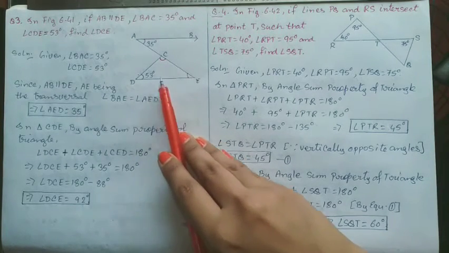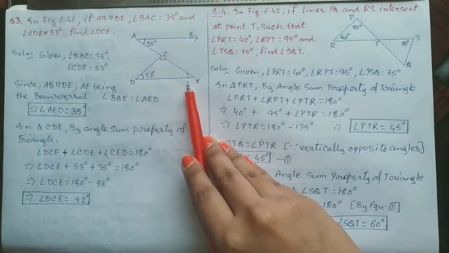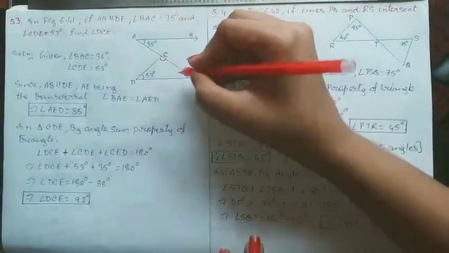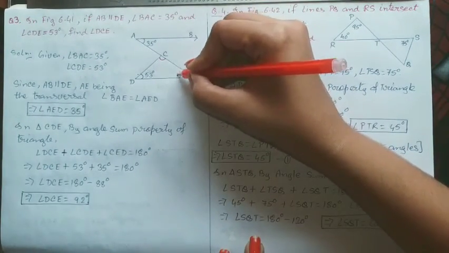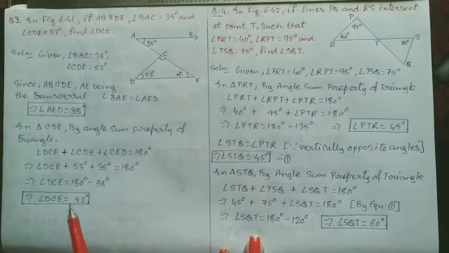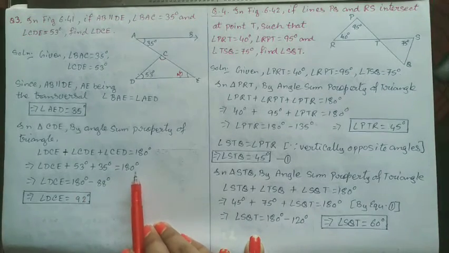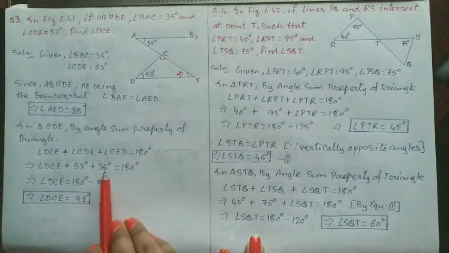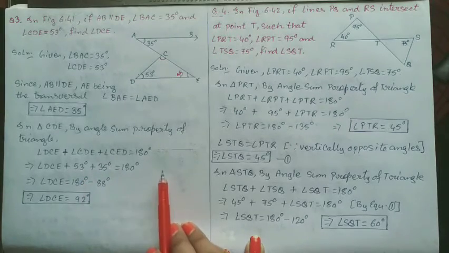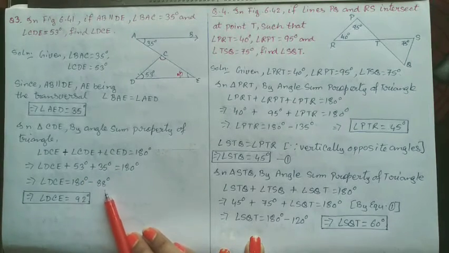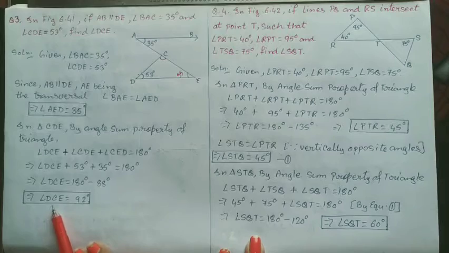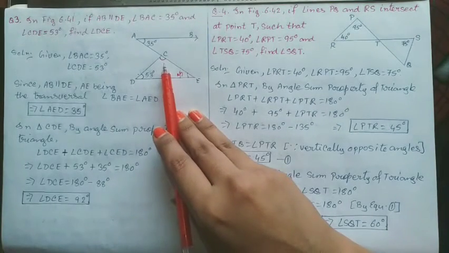We know the values of these two angles. So this is also 35. We will put the values, that is equal to 180. Now just calculate. This part will go to the other side, and will become 180 degrees minus 88. So ultimately angle DCE will be 92 degrees. So this angle will be 92.